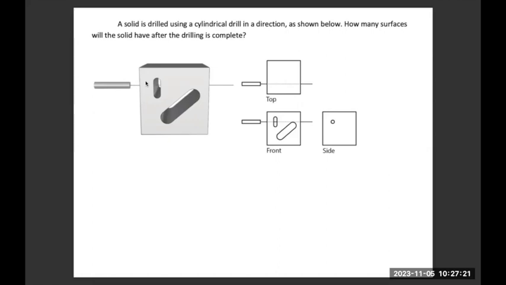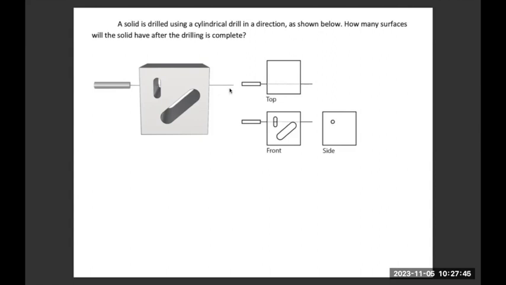We are shown that this solid has these 2 holes. From the front side, the 2 holes look like this. From the top view, it looks like a solid part, and from this side, it looks like a small hole. When this drill goes through, from the side, there will be a circle cutout left.